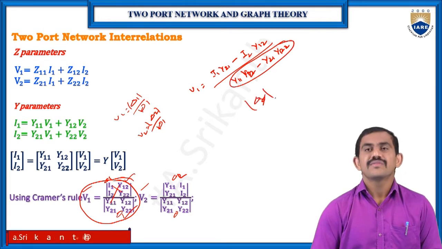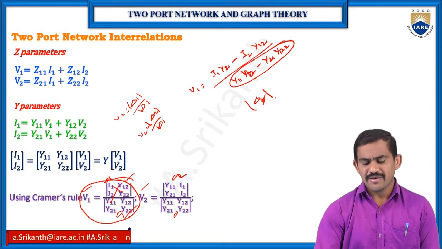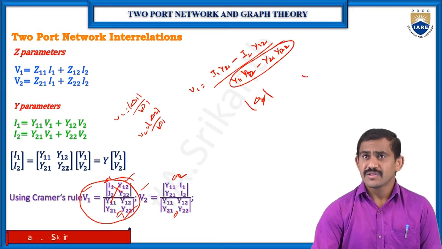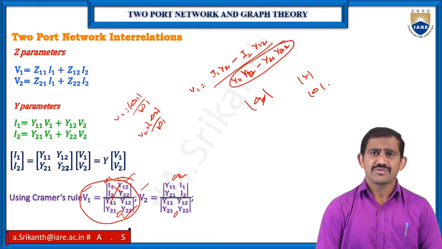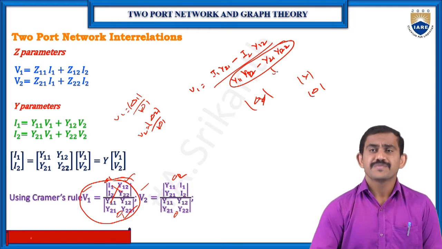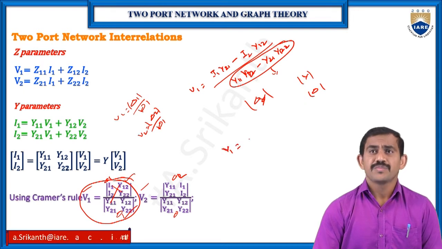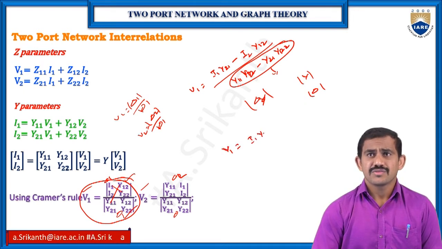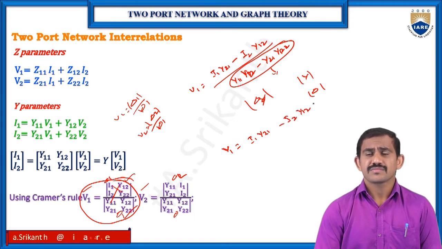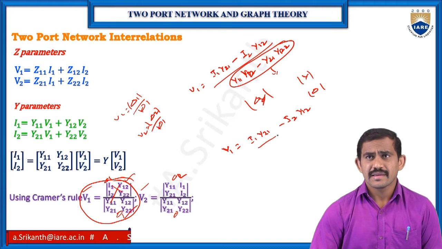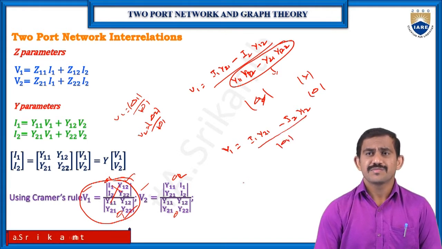You can write del of delta y. You can write any name. I want to write del of delta y. You can write anything, del of y, or del y. No need to worry about that, just one common name. So then v1 equals i1 y21 minus i2 y12 by any one name you can write here for simplification.